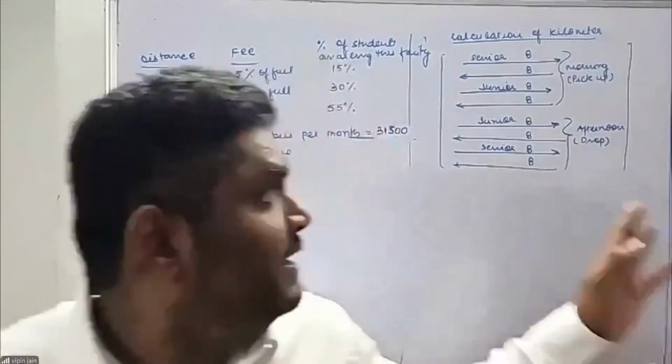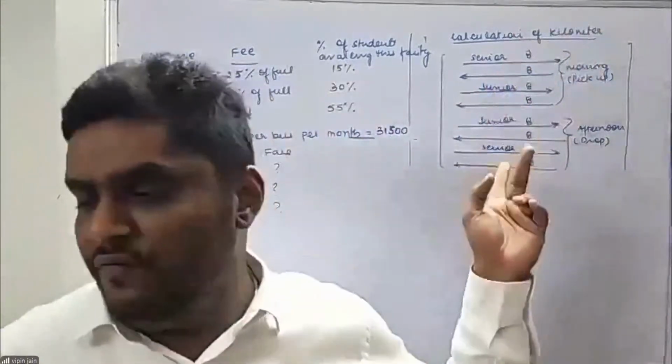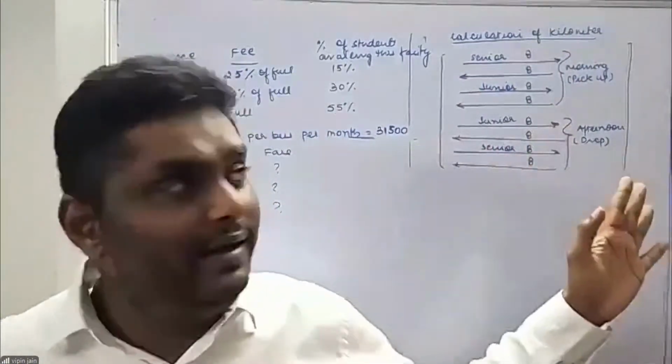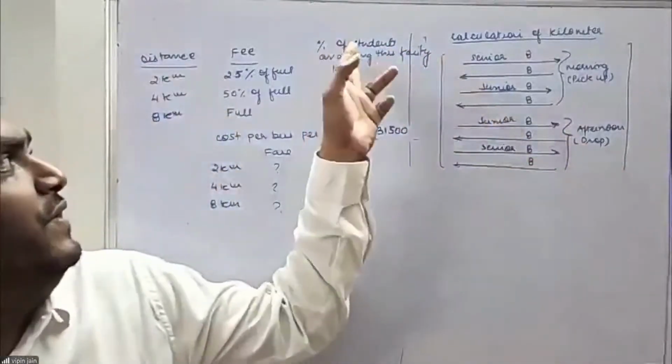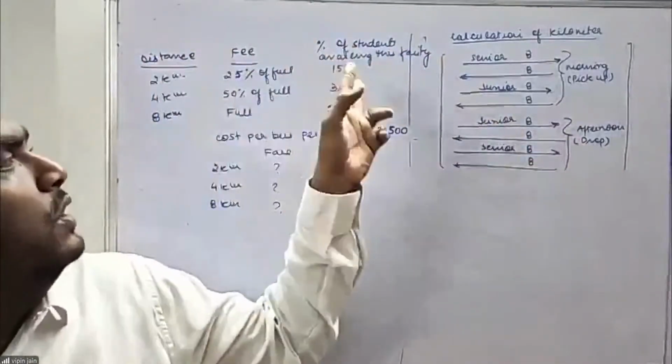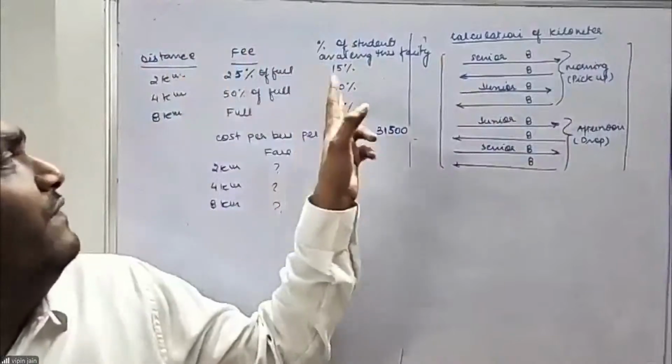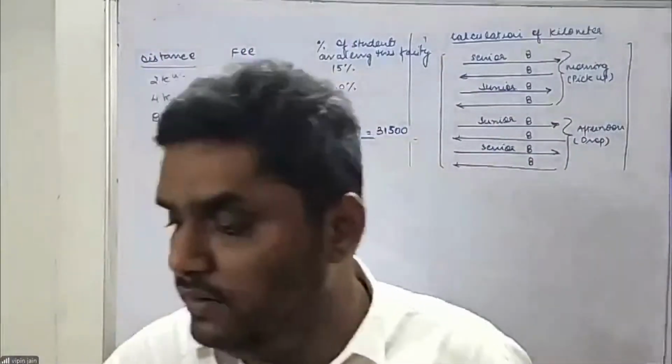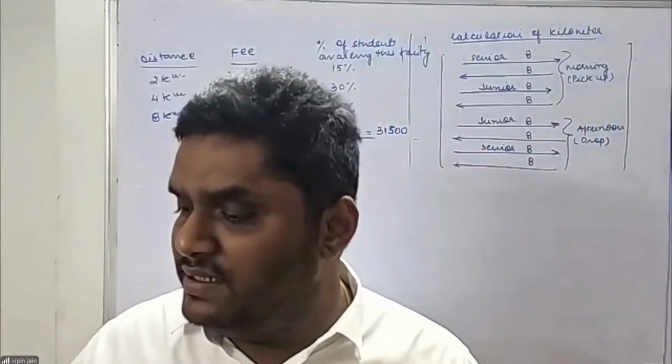Again, I repeat, there are same students, 50 junior, 50 senior. Total 100 students. Out of 100 students, 15% are traveling up to 2, 30% are traveling for 4, and 55% are traveling for 8.